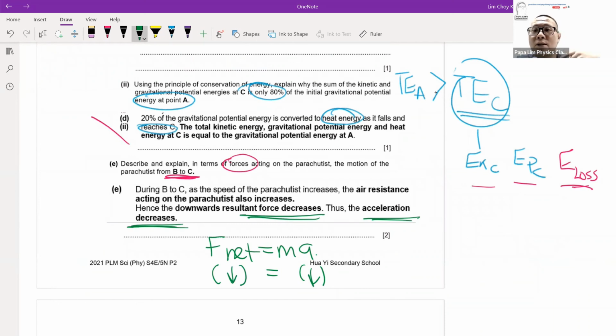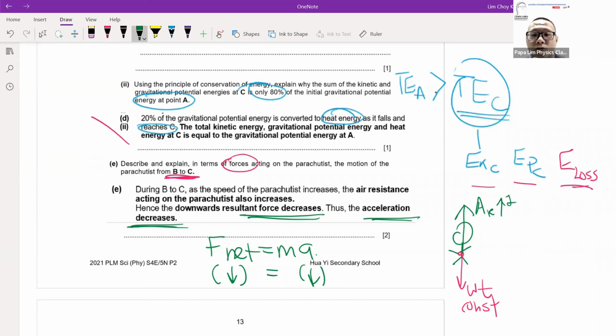The parachute has the same mass, so the mass is always constant and the weight is always constant. But the air resistance is not constant. As I drop faster and faster, my speed increases.